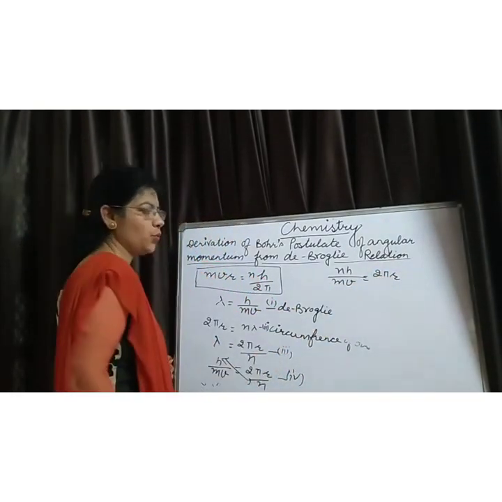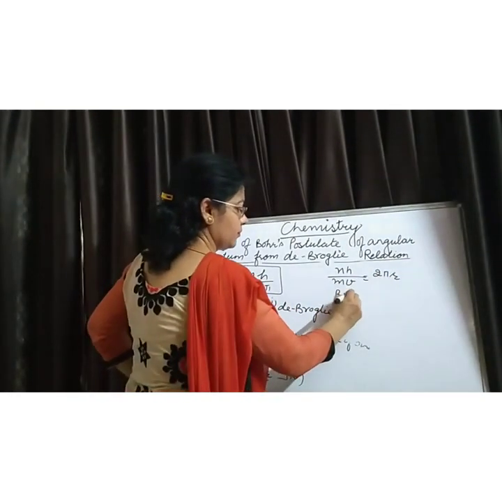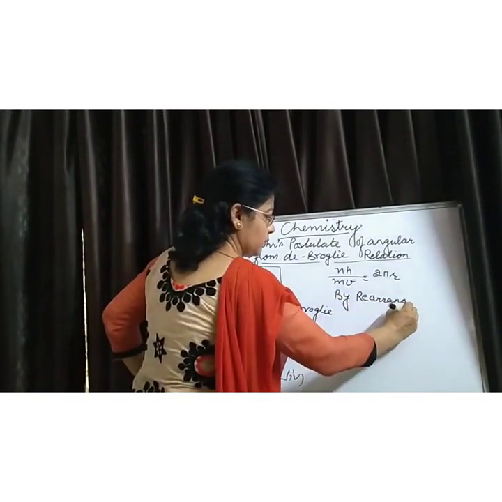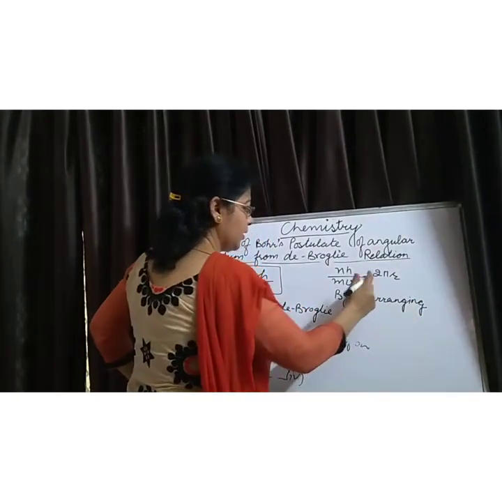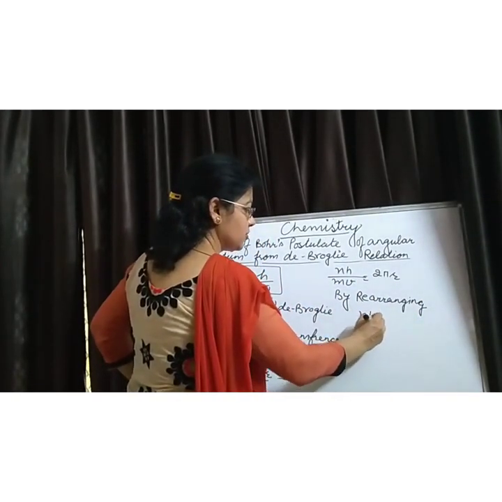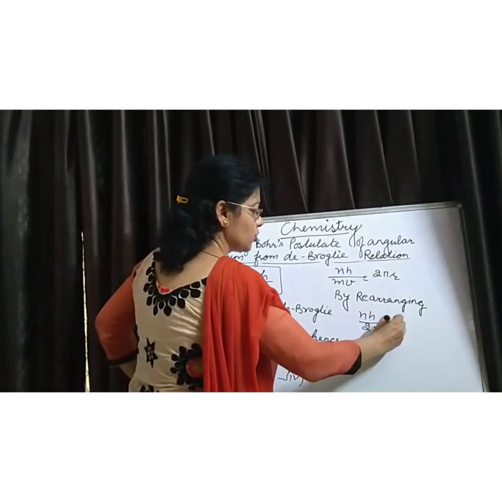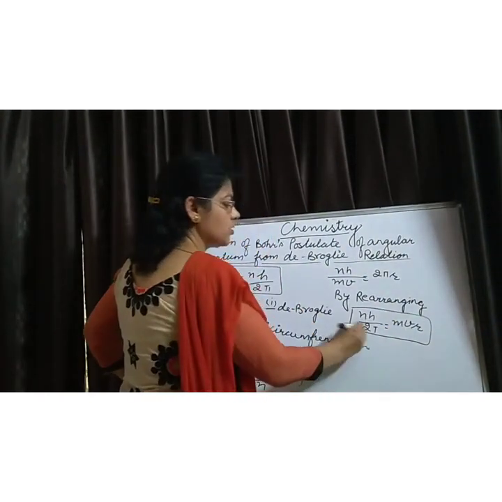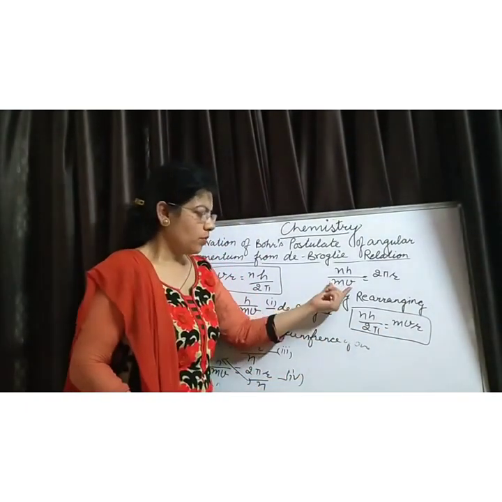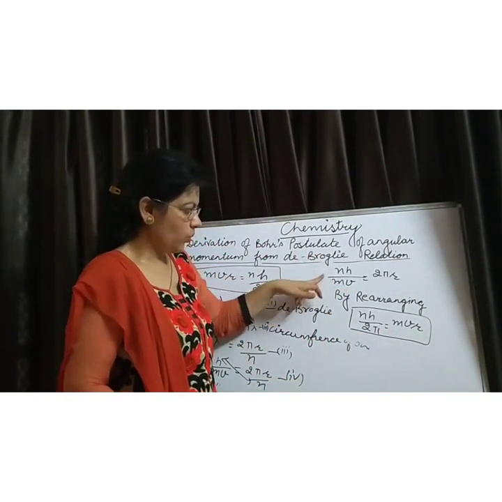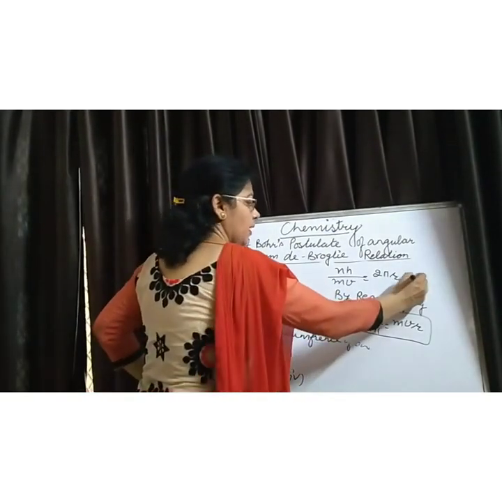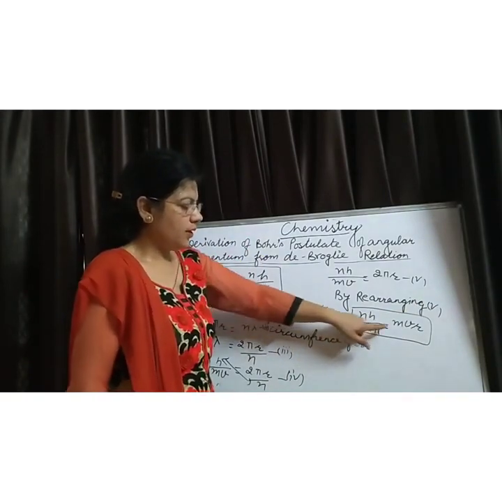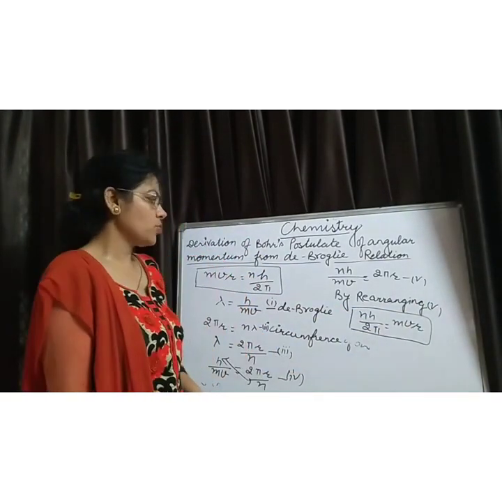By rearranging this equation, which is equation 5, we get nh upon 2 pi is equal to mvr, which is Bohr's postulate.